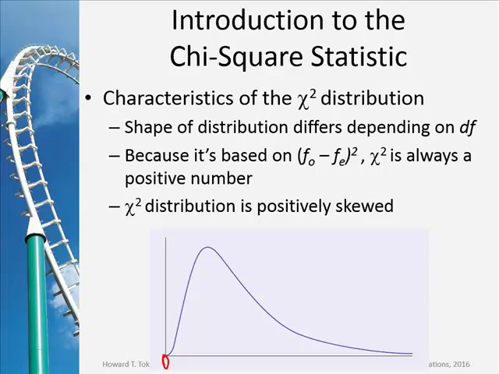This is sensitive to the number of observations we have, and it's also sensitive to the number of categories we have. So the shape of the distribution is going to change depending upon how many degrees of freedom that you have.